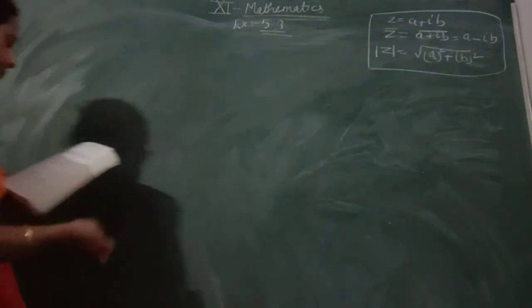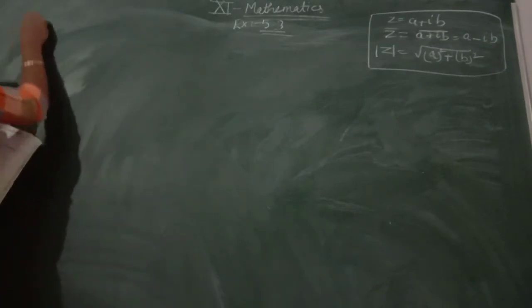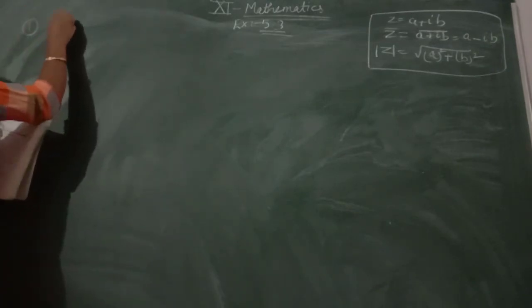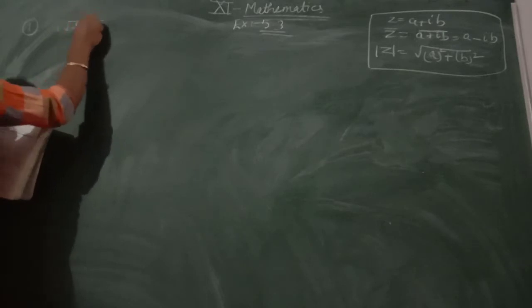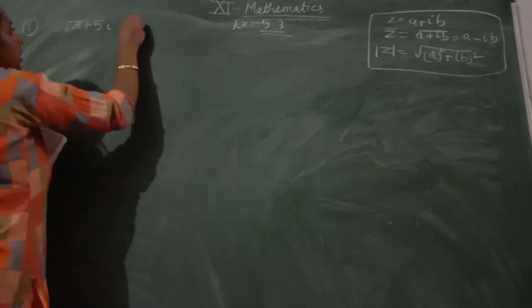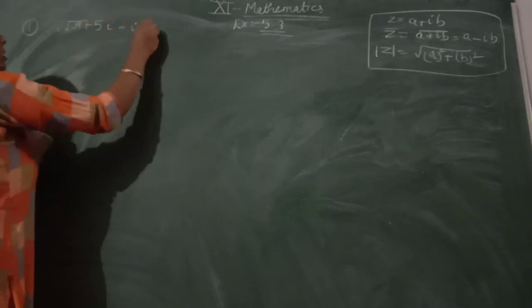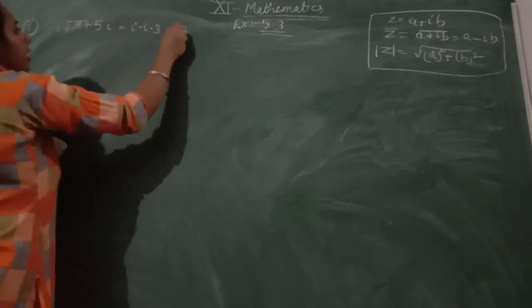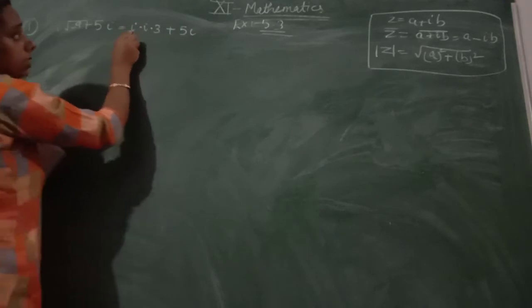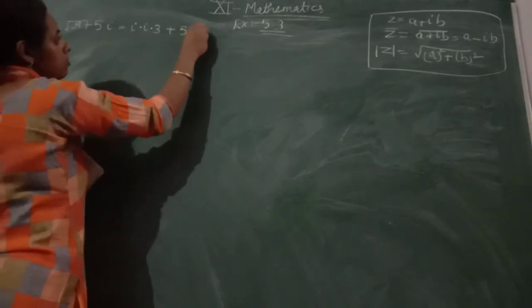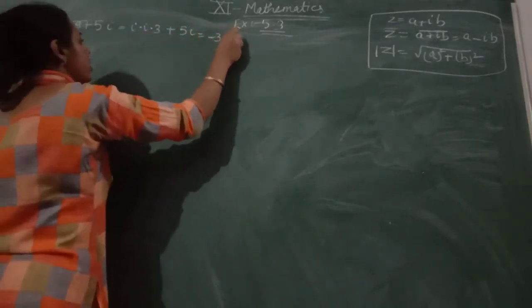Find the conjugate and modulus of iota into root minus 9 plus 5 iota. Firstly, you have to simplify it. Iota into root of minus 1 is iota, and root of 9 is 3. So plus 5 iota. Iota into iota is iota square, so iota square into 3 is minus 3 plus 5 iota.